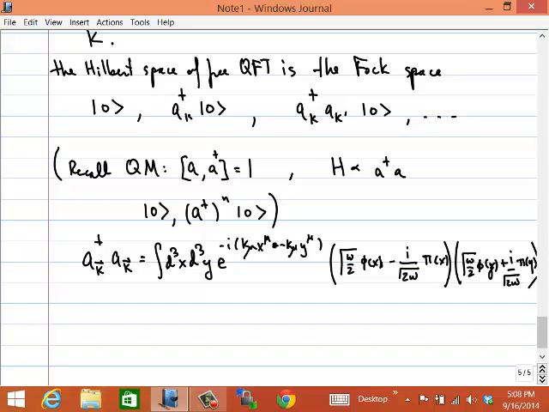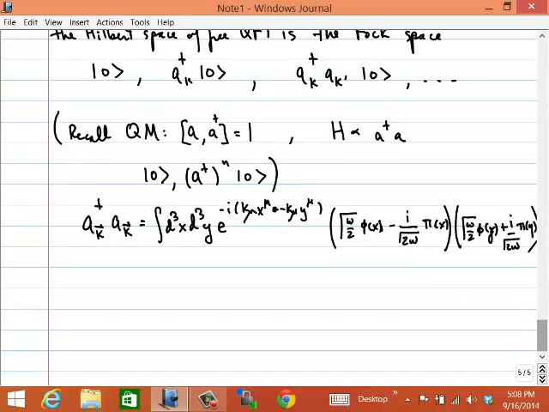Okay. So if you look at this a_k dagger a_k, there's a couple of terms that look pretty good. In particular, there's a pi of x times a pi of y term here. That looks pretty good. But you also get cross terms that look like i pi phi.